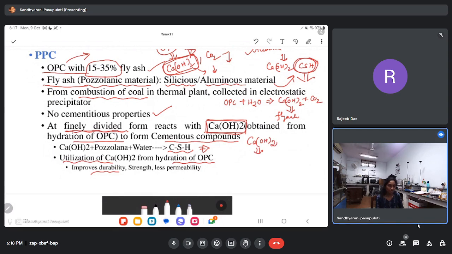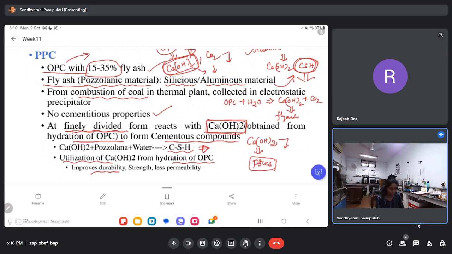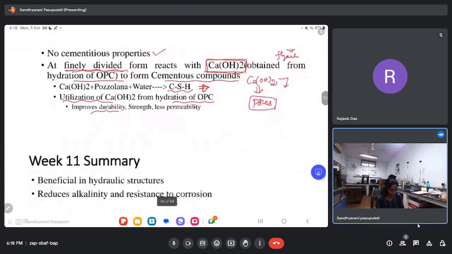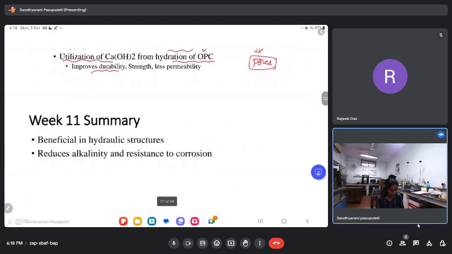If there is a lot of accumulation in the concrete, it can be dissolved and pores would be formed in place of those calcium compounds. So in order to avoid that, we have to reuse the calcium hydroxide and convert it into CSH products. Thereby using PPC or pozzolanic materials would reduce the permeability and thereby increase the durability.